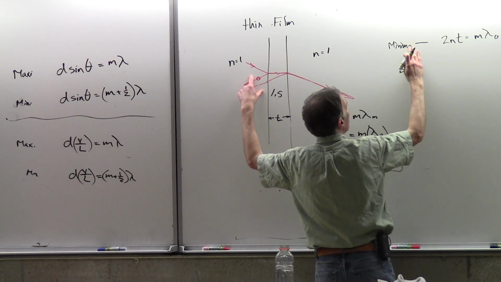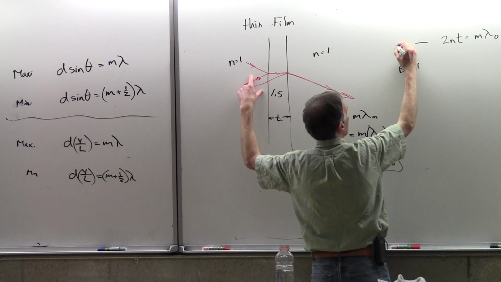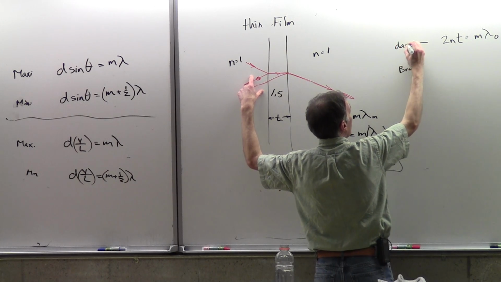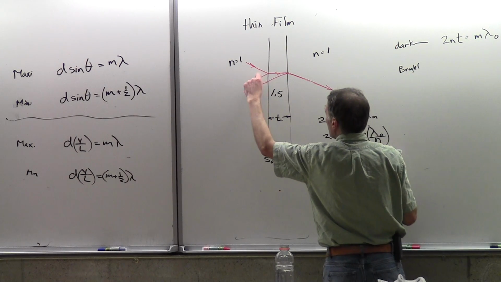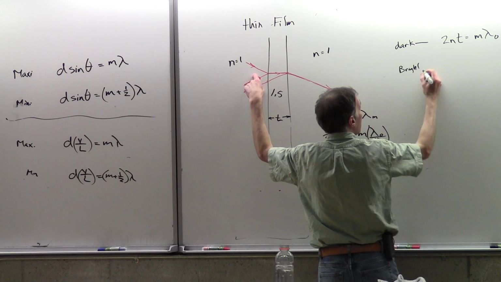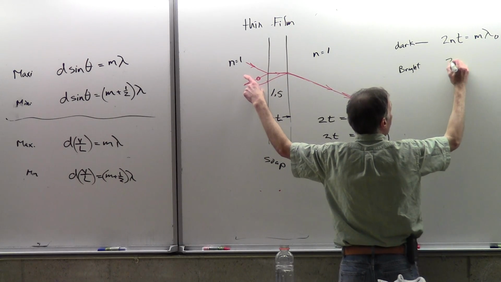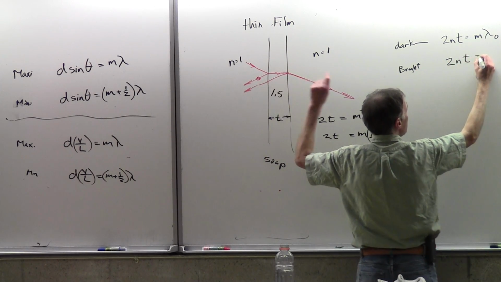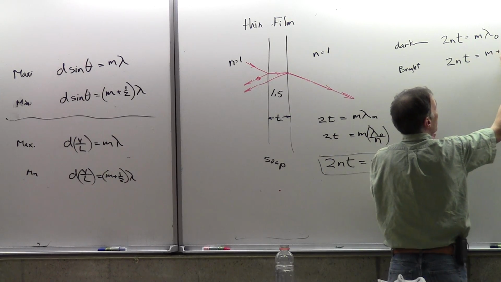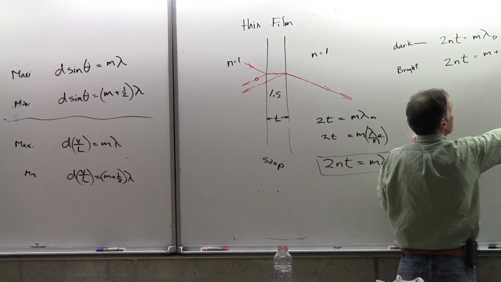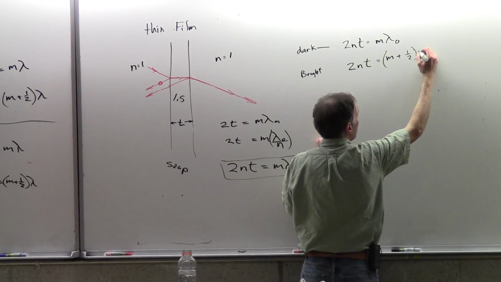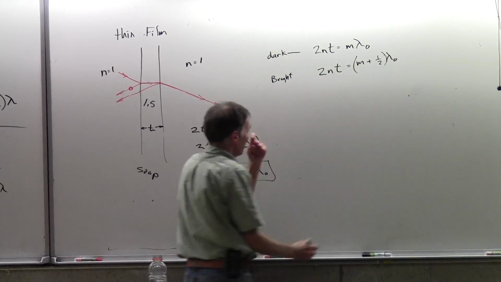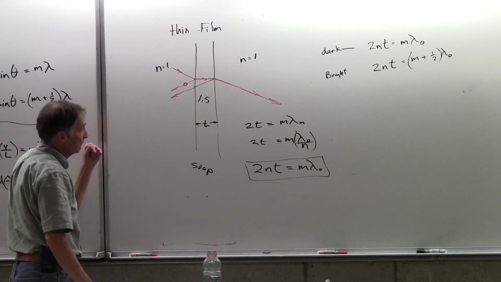In fact, maybe I should have called this minima. I like to be a little more descriptive of dark, in that there's going to be destructive interference that tends to wipe out the light. If in this path difference, 2nt, I have a whole number plus another half of waves, I'm going to have a bright fringe.